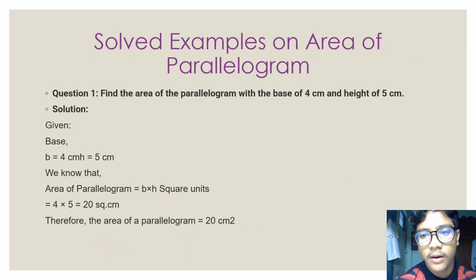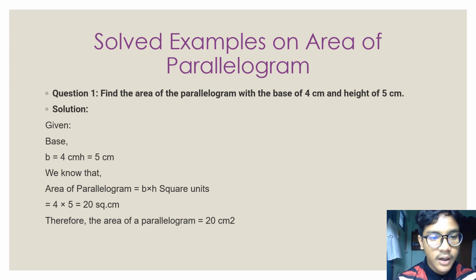So, an example on the area of a parallelogram. Question 1. Find the area of a parallelogram with a base of 4 cm and a height of 5 cm. Solution. The question gives base B equals 4 cm and height equals 5 cm.